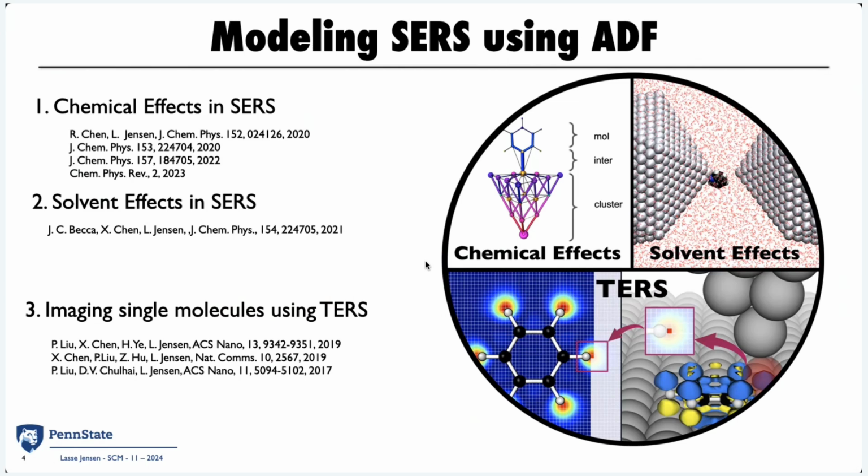The second thing is how we can incorporate the environment that these molecules sit in on the nanoparticles. We're going to talk about how solvent effects modulate the Raman scattering. And finally, I'm going to show an example of where we can use simulations to model images of individual vibrations on surfaces, which is going to be in the last part.